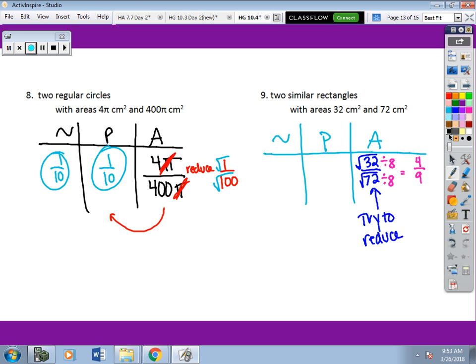So that will get me 4/9. Now I would square root those, and I will get 2/3 and 2/3.